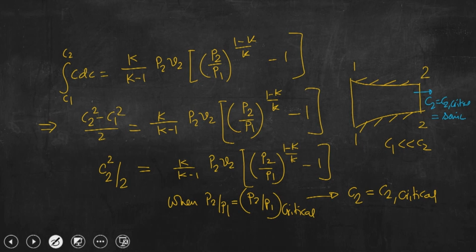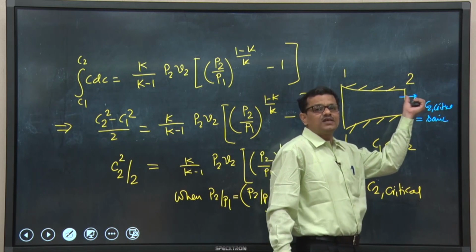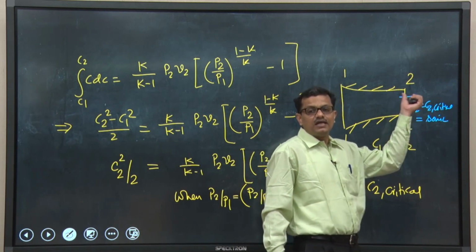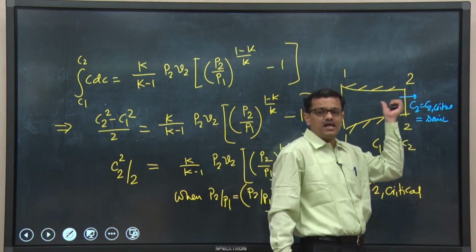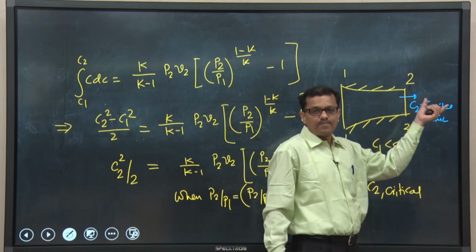So, when the pressure ratio is the critical pressure ratio, the exit pressure is the critical pressure, and from the last expression we have seen that the velocity is also the sonic velocity. When that is sonic velocity, if we try to reduce the pressure further at the exit of the nozzle, that information is to be sensed by the inlet section of the nozzle to increase the mass flow rate.